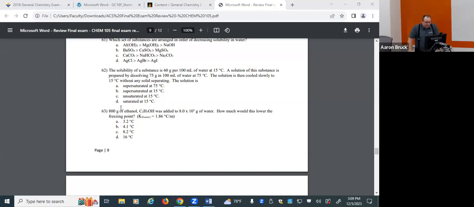We take the solution of this substance that is at its limit, which is called saturated. So when we are at the solubility limit, the name for that solution is saturated, meaning it can't take on any more.